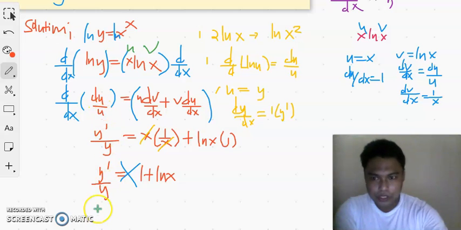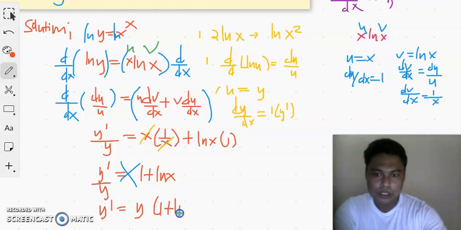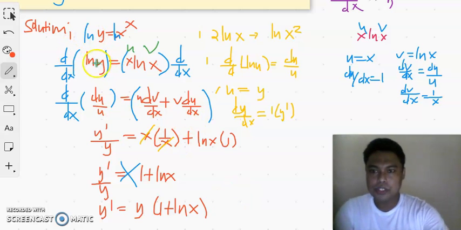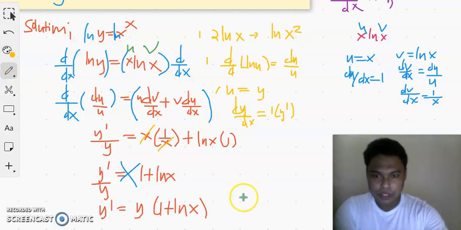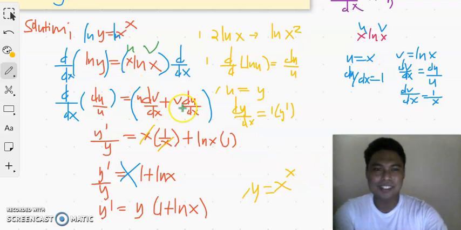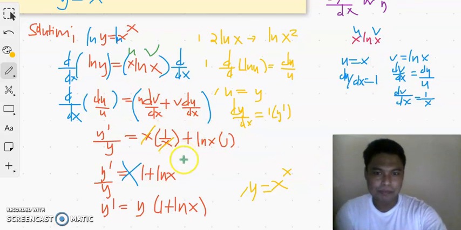We can have it as y prime equals y times (1 plus ln x). Have you observed that y is x raised to x for the given problem?